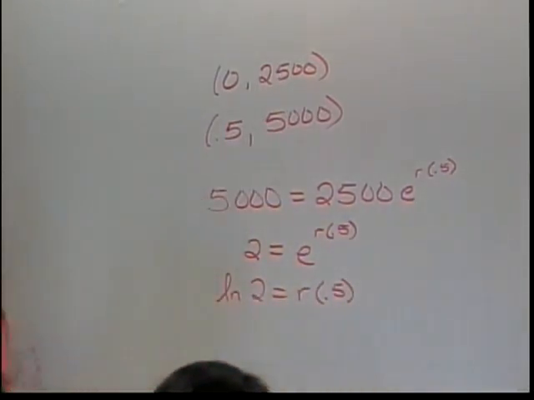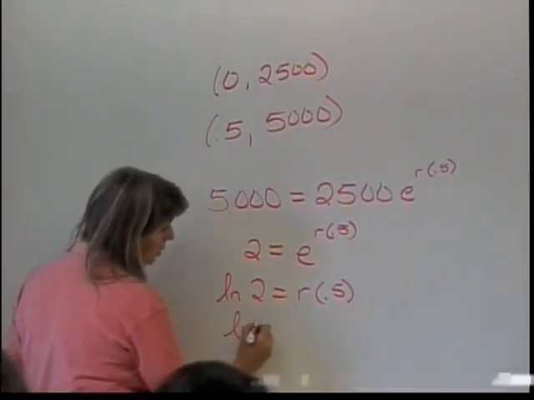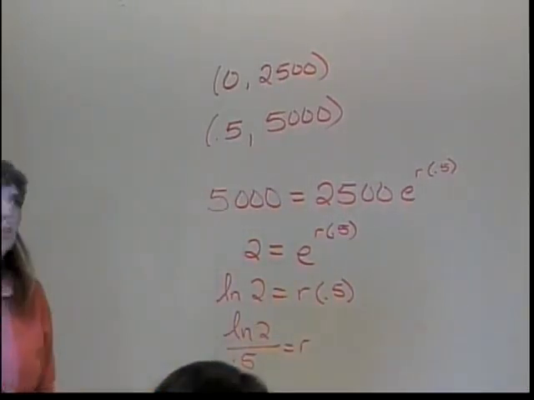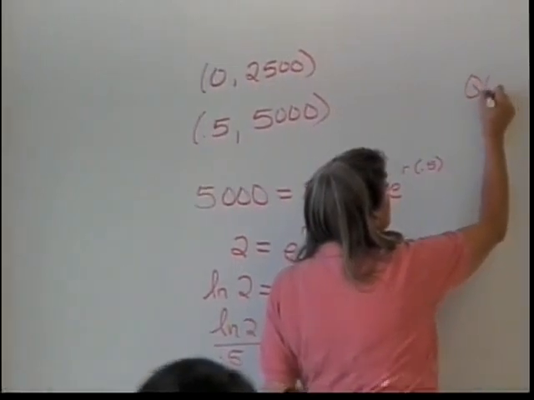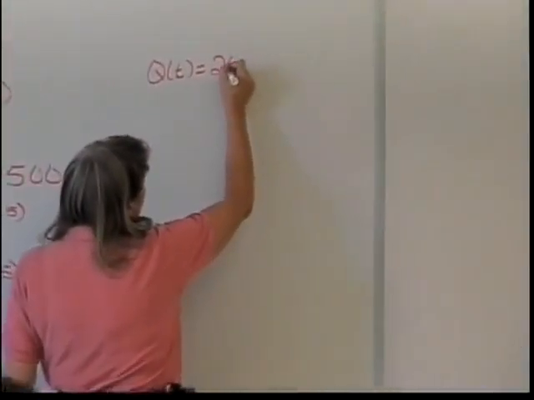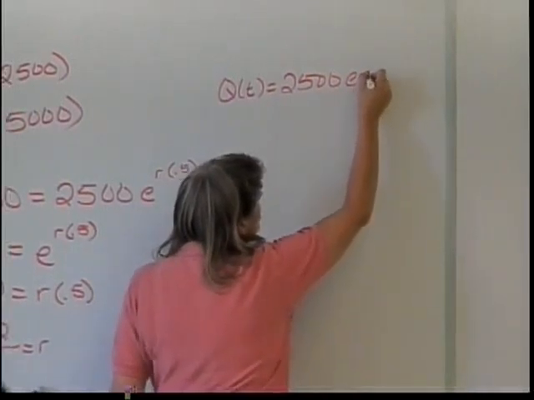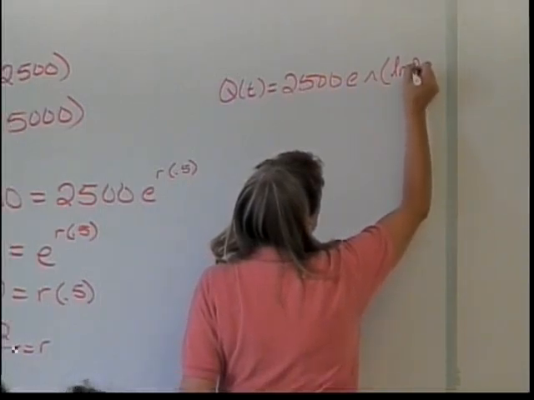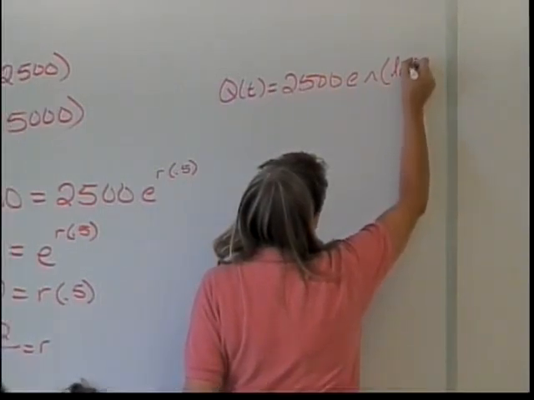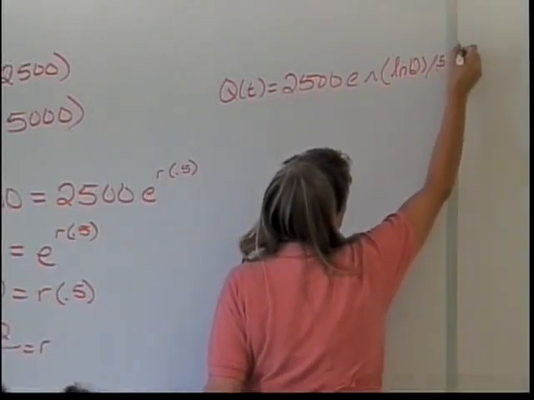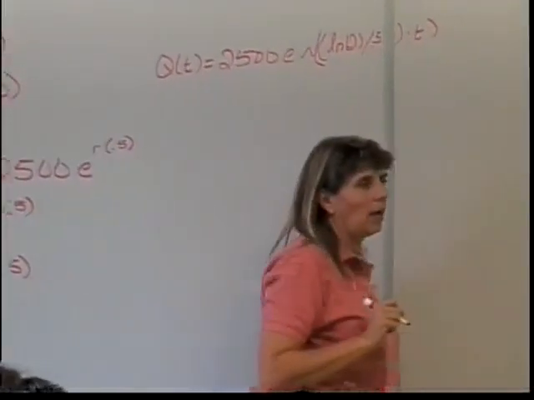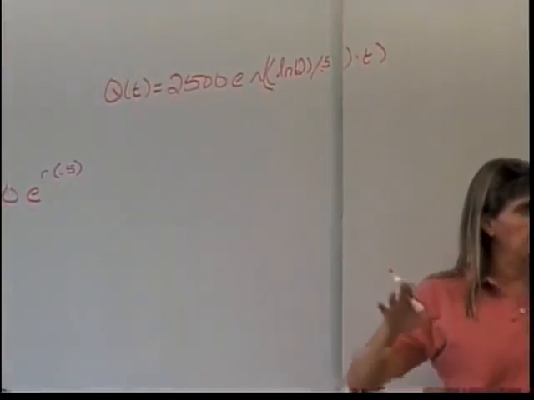And then finally, divide by 0.5, so we'll have the natural log of 2 divided by 0.5 equals R. And so what we will write in there for Q of T is 2,500 times e to the natural log of 2, probably need parentheses, divided by 0.5 times T. I need an extra set of parentheses to make sure that whole thing is in the exponent.